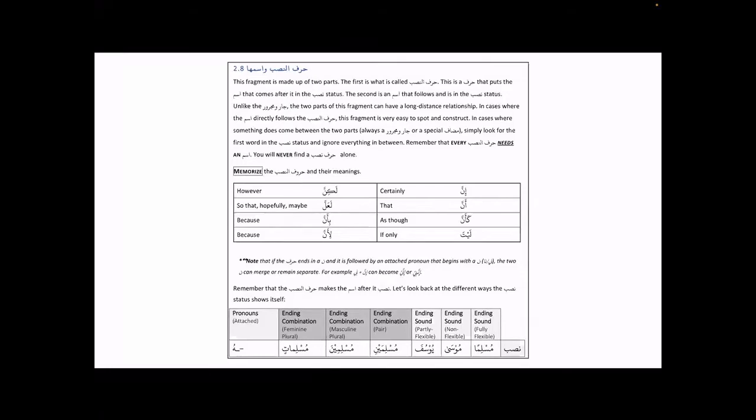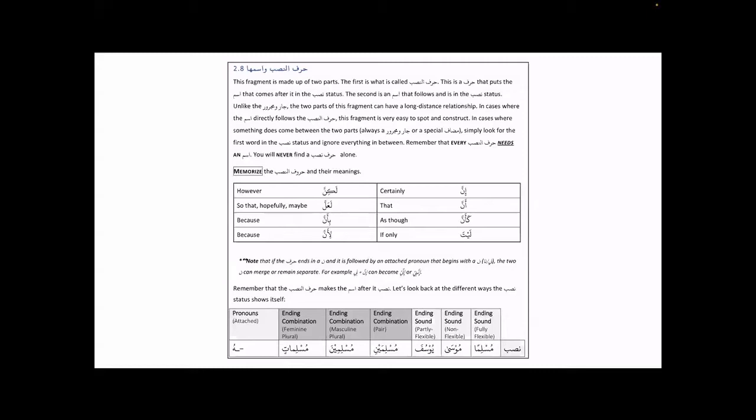So first one was harfu jar fragment, and we should remember that ism has 4 properties, right? Whenever we see an ism, we know that they have 4 properties. But harf does not have properties, rather they have a job.